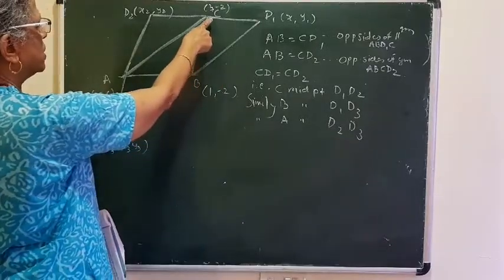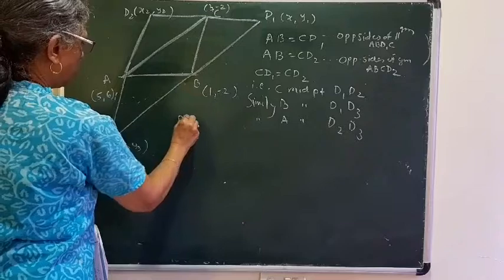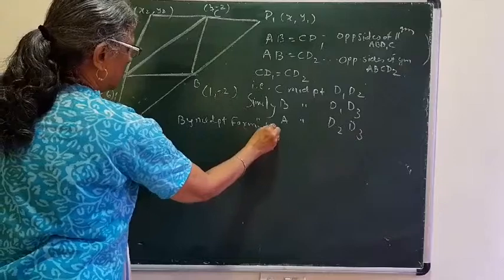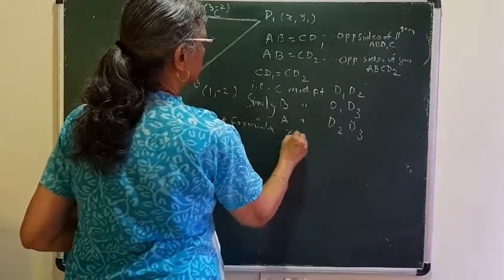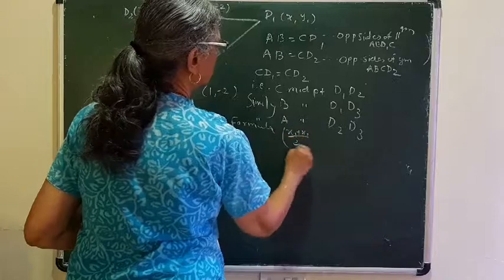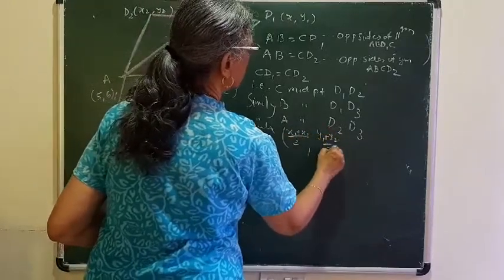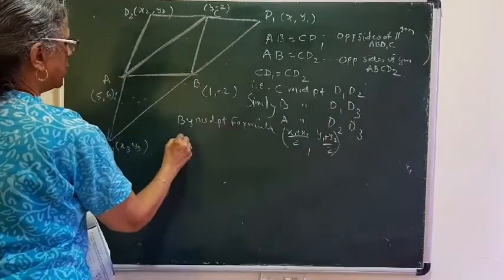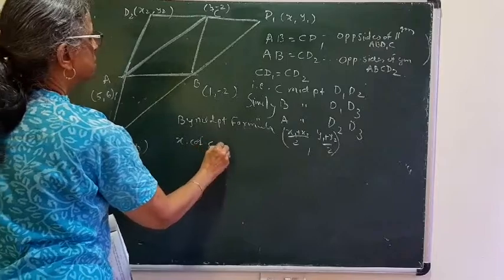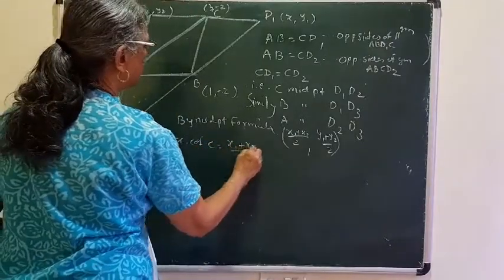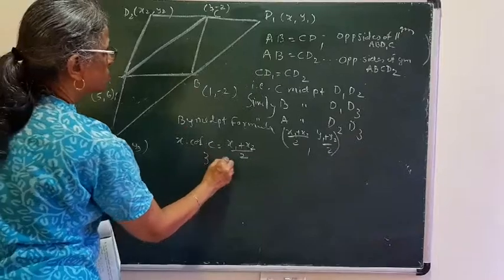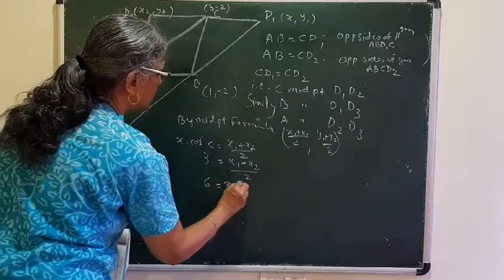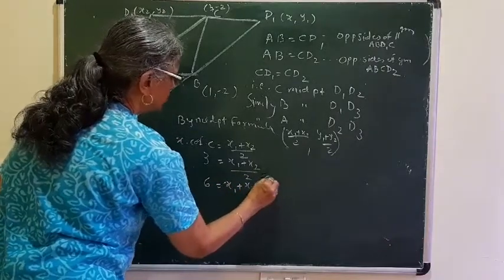So we are having coordinates of C. So by midpoint formula, what is midpoint formula? x1 plus x2 by 2, y1 plus y2 by 2. So here x coordinate of C is equal to x1 plus x2 by 2. So 3 is equal to x1 plus x2 by 2. So 6 is equal to x1 plus x2. So let it be 1.